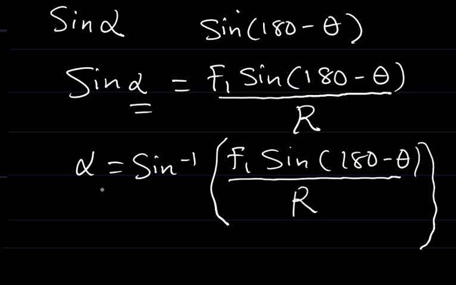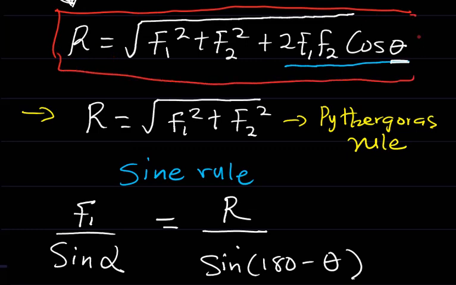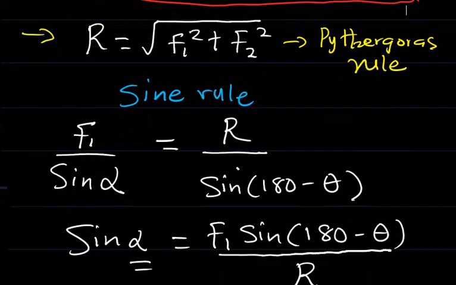So take note of this. This is the direction of the resultant, and we use the earlier formula for the magnitude of the resultant.